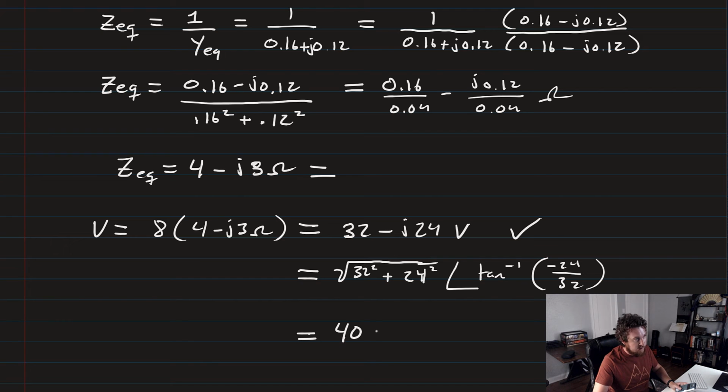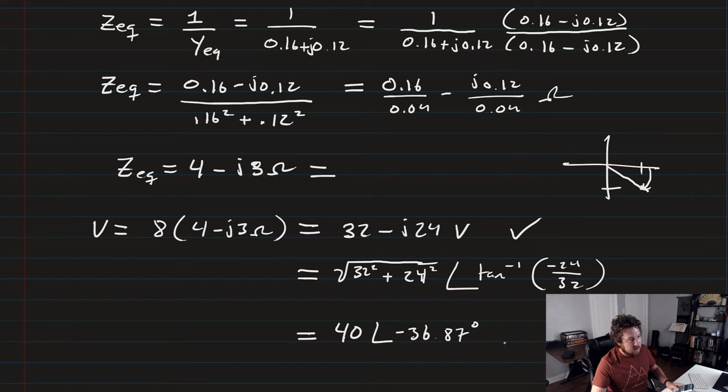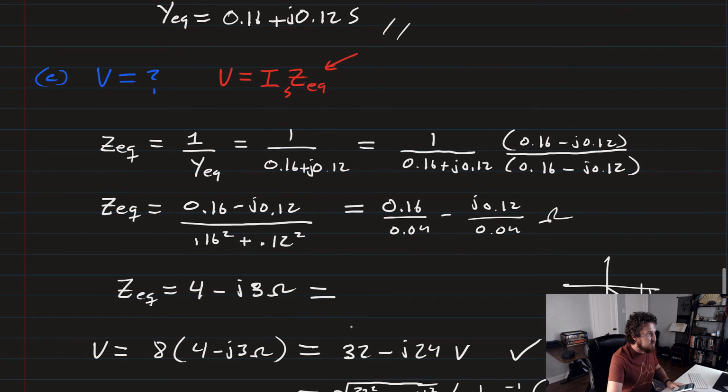That's nice and round. At an angle of tan inverse of minus 24 over 32 gives us minus 36.86, but let's double check real quick. Our axes, we have a negative y and a positive x. So that means our angle is here, which means that the value that we got actually is correct for what we want. So that's minus 36.87 degrees. And that's in volts. There we go. That's part C.